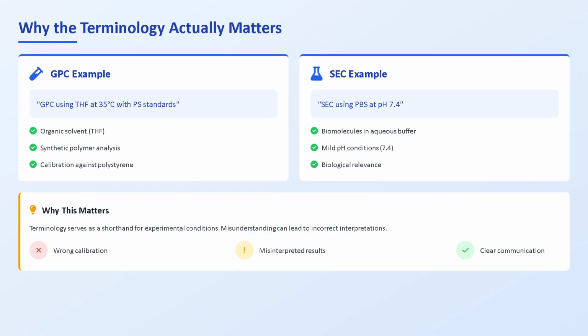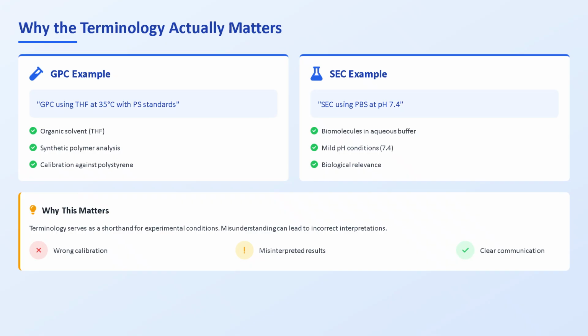Now you might ask, why does any of this matter? Because in chromatography, terminology isn't just vocabulary, it signals experimental conditions. If a scientist says they ran GPC in THF at 35 degrees Celsius using polystyrene standards, we instantly know this is synthetic polymer work.